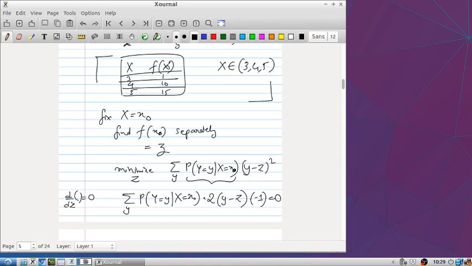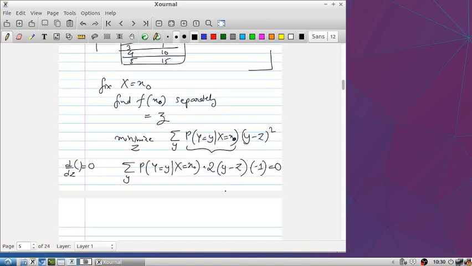I set it equal to 0, and then I'll get the value of z, which could either minimize or maximize. If you remember from calculus, you actually have to look at the second derivative and see whether it's minimizing or maximizing. But don't worry about it, here we'll just ignore that fact. So if you just evaluate this, it's just going to be sum over y, p of Y equal to y given X equal to x naught.